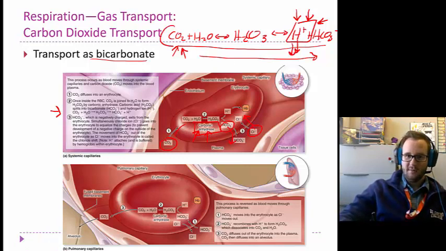And this is why whenever you hold your breath, or you have a lot of CO2 being accumulated in your body, you'll undergo something called respiratory acidosis, because all of these acids are going to get released into your bloodstream.